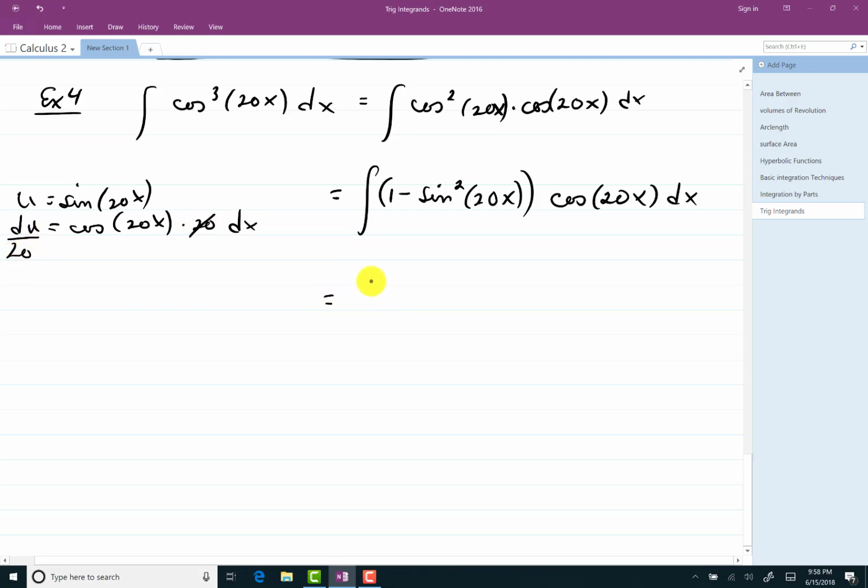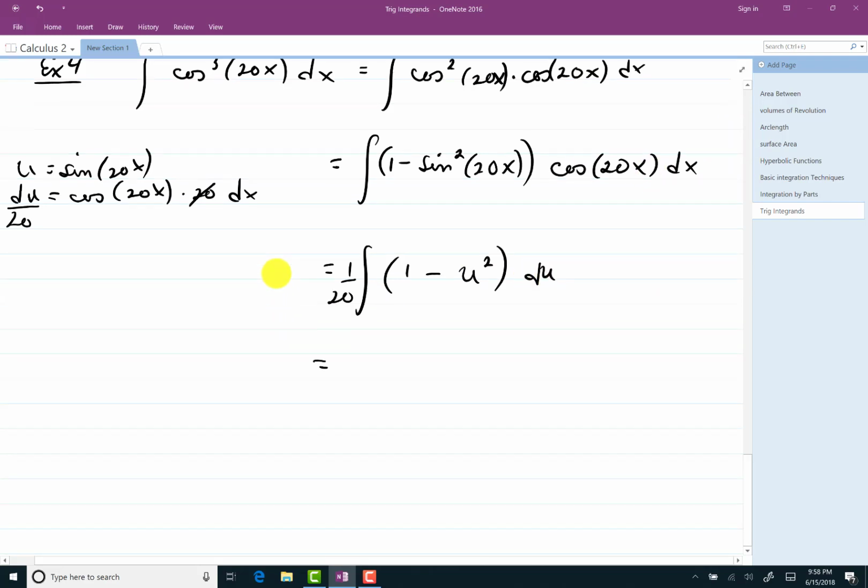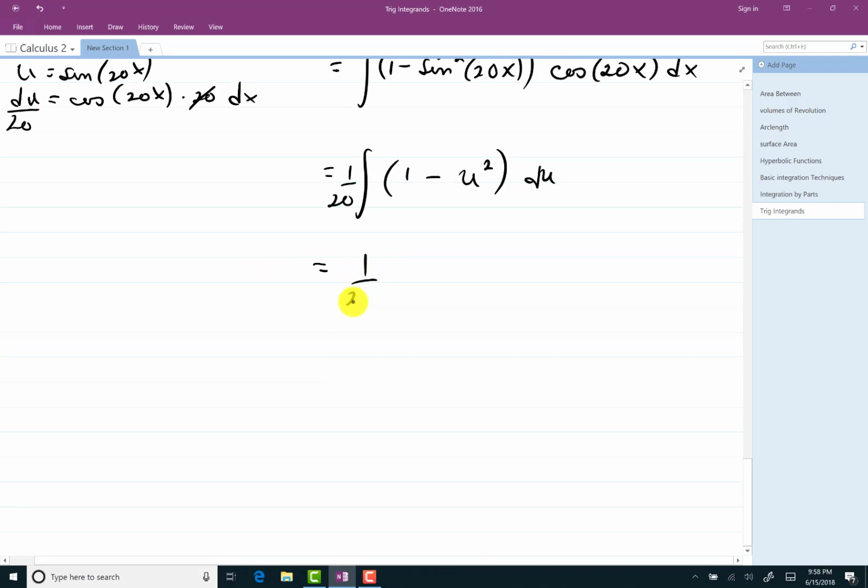And this integral then becomes, I'll put the 1 over 20 out here, 1 minus u squared, and all of this over the 20 will be the du. So you get 1 over 20 times u minus 1/3 u cubed plus c.